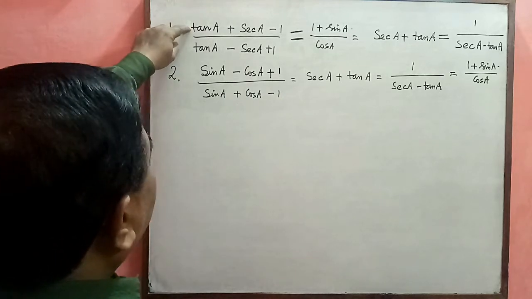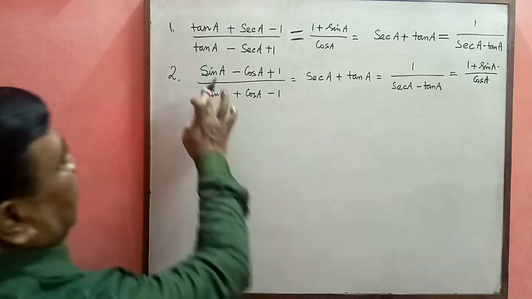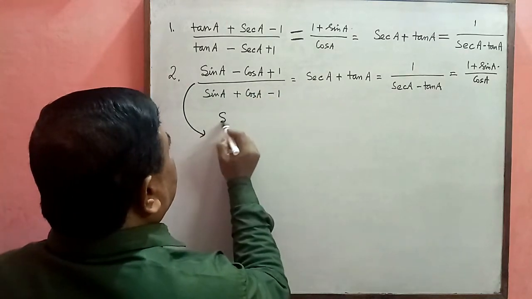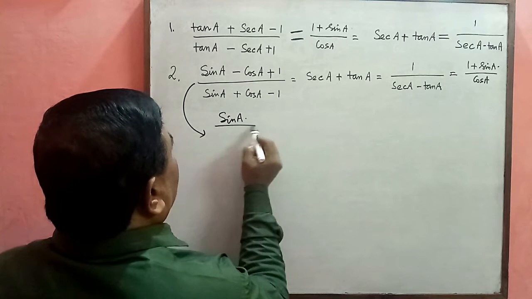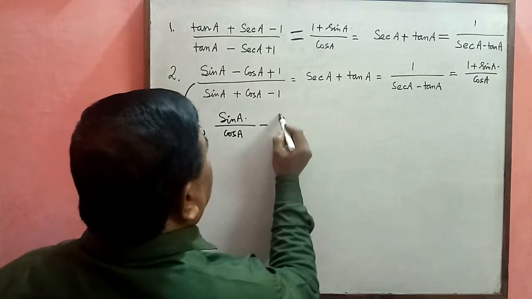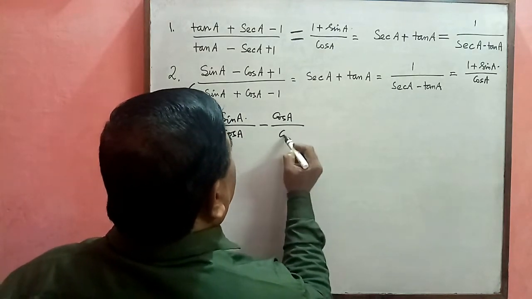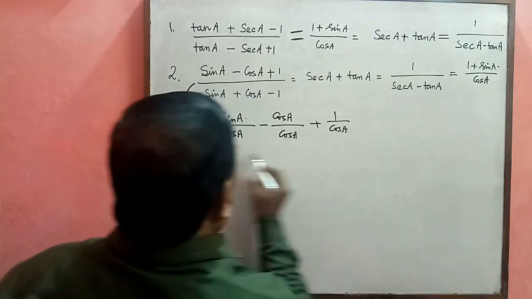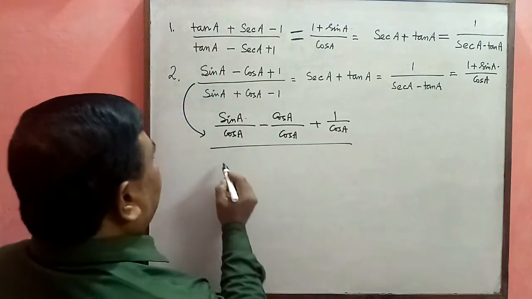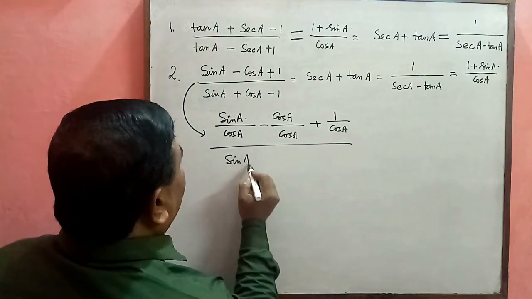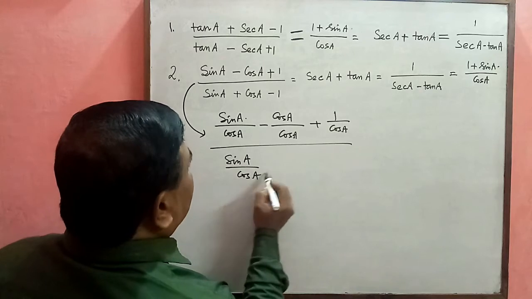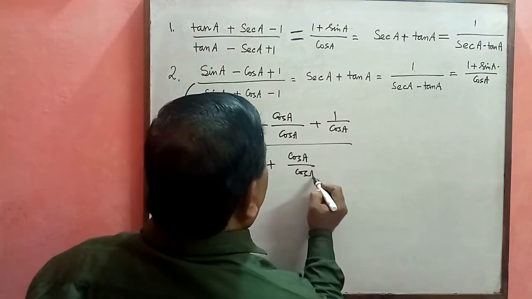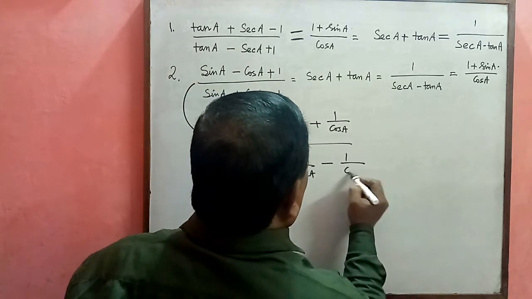This is tan A, sin A upon cos A. So I will divide this one by cos A. So this is sin A upon cos A minus cos A upon cos A plus 1 upon cos A, and similarly here also I am dividing both numerator and denominator by cos A: cos A upon cos A minus 1 upon cos A.